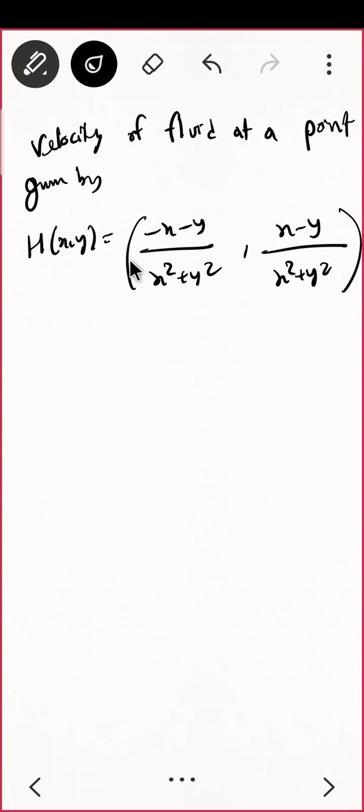Yeah. This is in two coordinates, and the vector valued field's answer is given in two coordinates, correct? Yes.